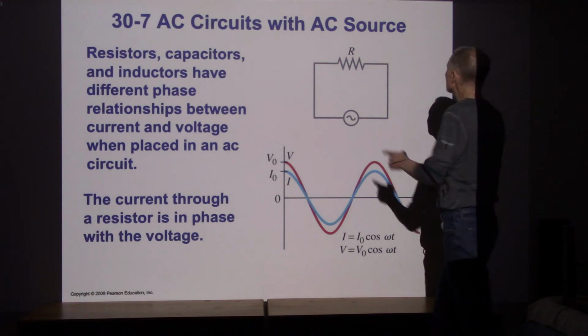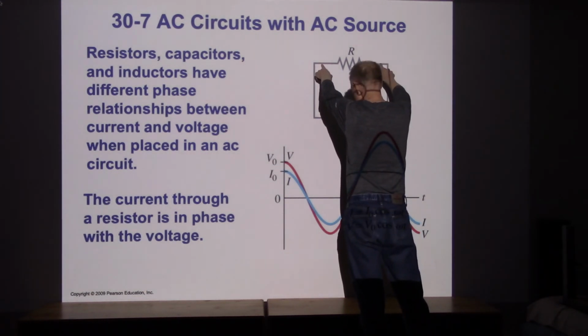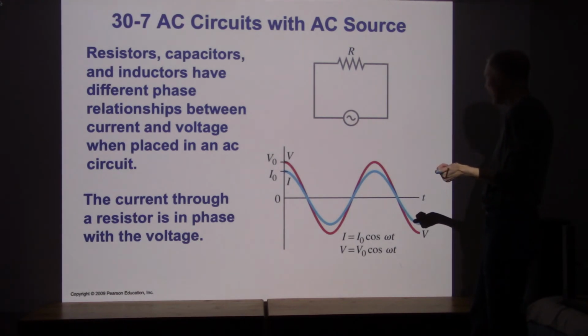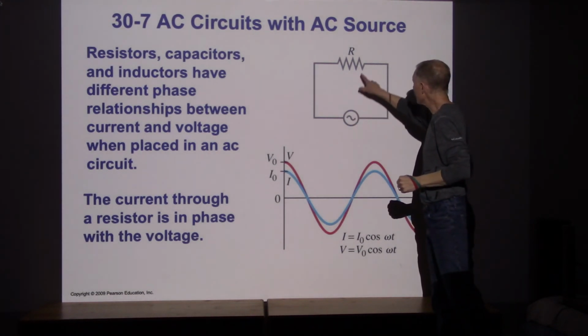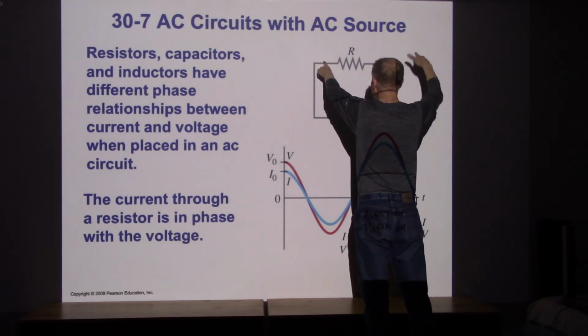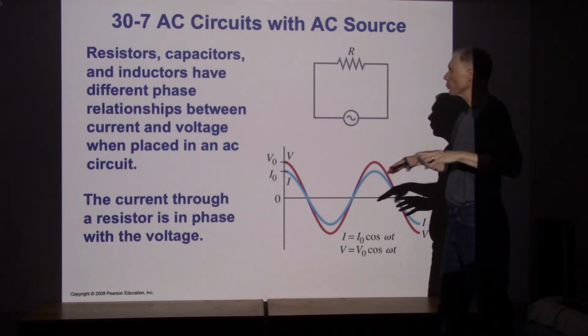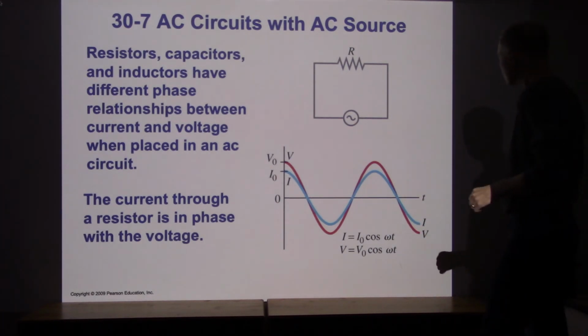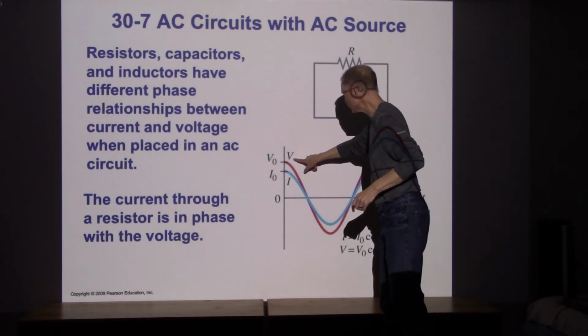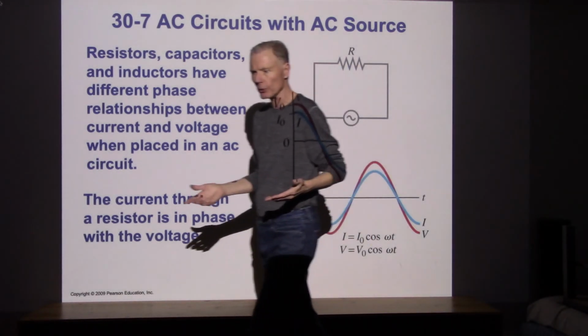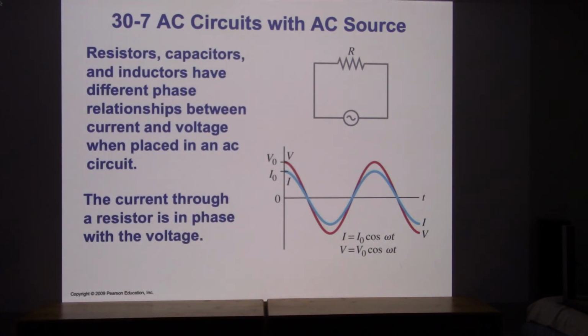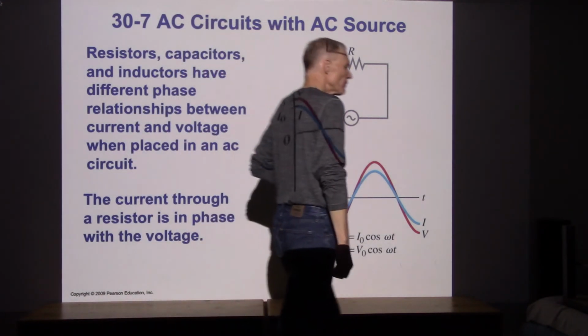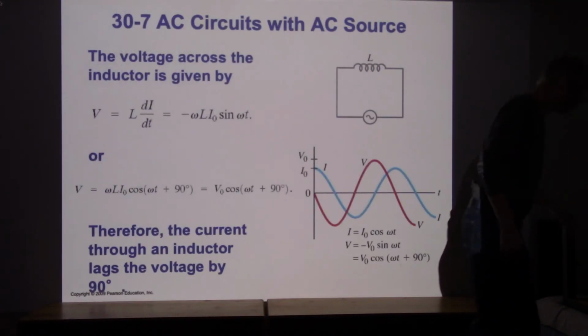Now the voltage across the resistor is given by R times I, and that says the voltage across the resistor is exactly in phase with the voltage across the power supply. So the current and the voltages are in phase with each other, and I can write both of those as a cosine function. That's the key feature here, that they're both representable as the same function.